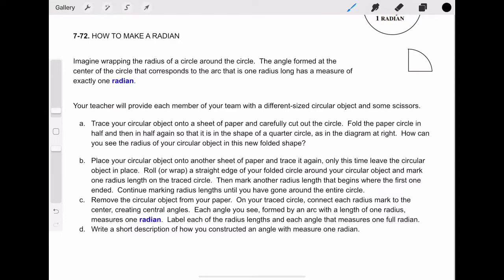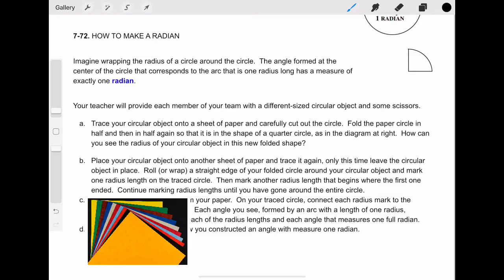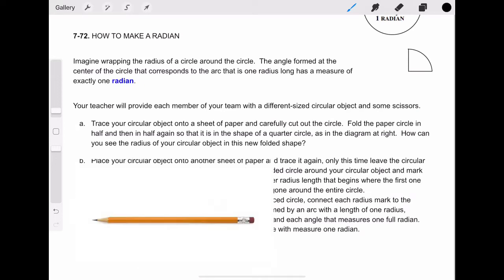Okay, so on number 72, it gives you directions on how to construct a radian. So the very first thing is you need a couple of materials. You need some paper. If you have construction paper or cardstock, it'll make it a little bit easier when you start doing your tracing. But if you don't, it's fine.